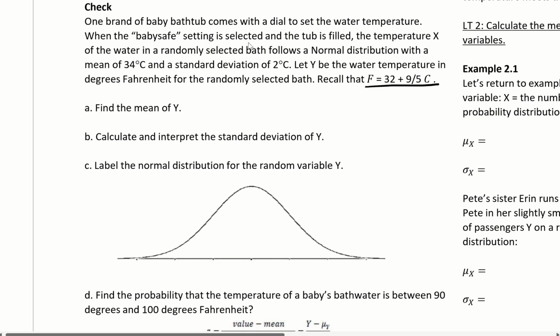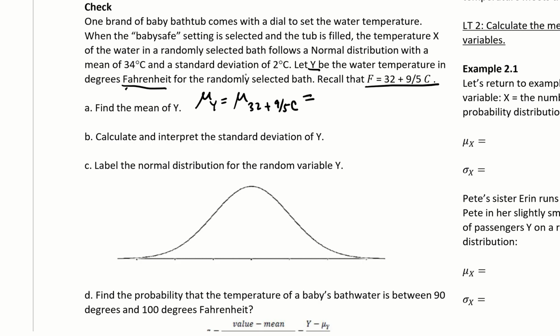Because we want to convert the temperature, F is equal to 32 plus 9/5 C, because it's the water temperature in degrees Fahrenheit here. And for Y, we want to find the mean of Y. So the mean of Y is equal to the mean of that linear transformation.